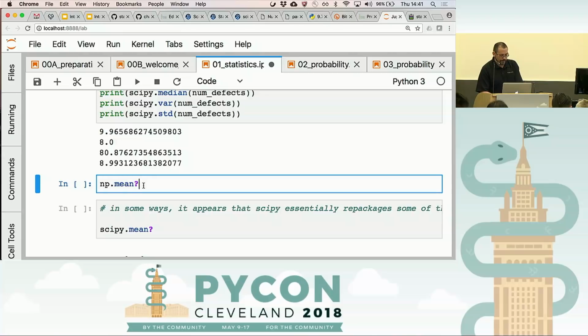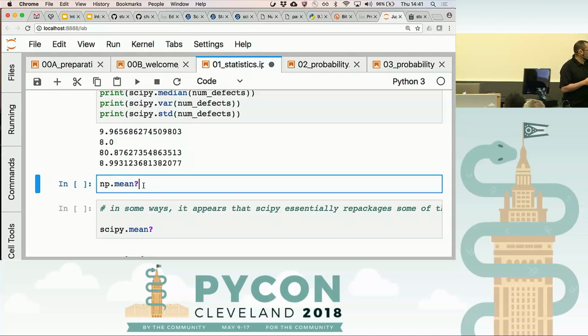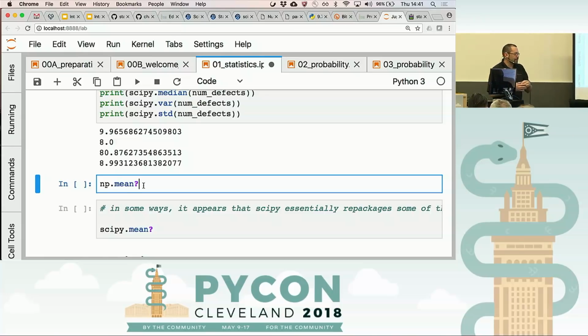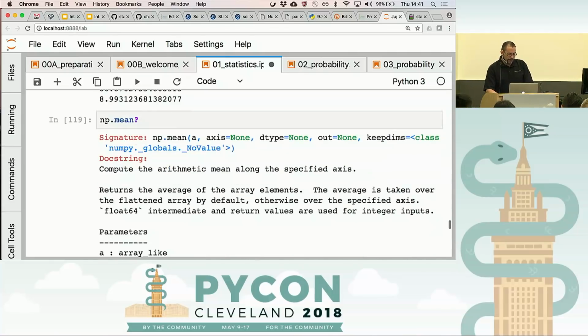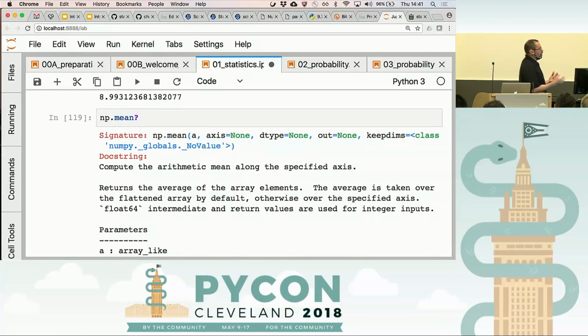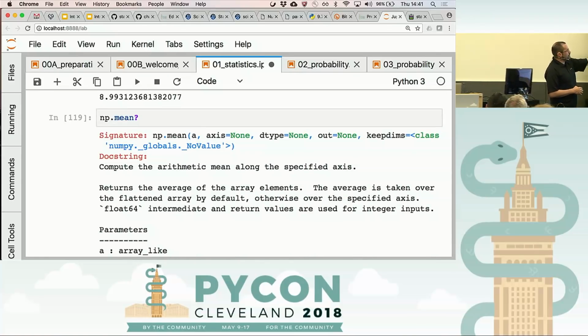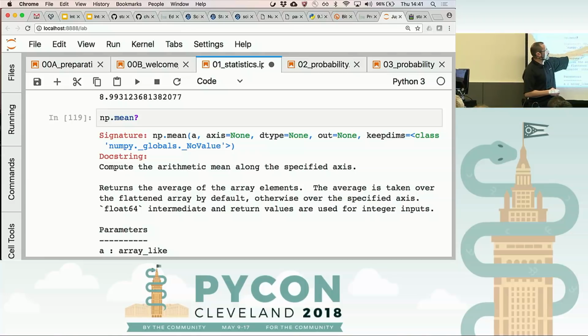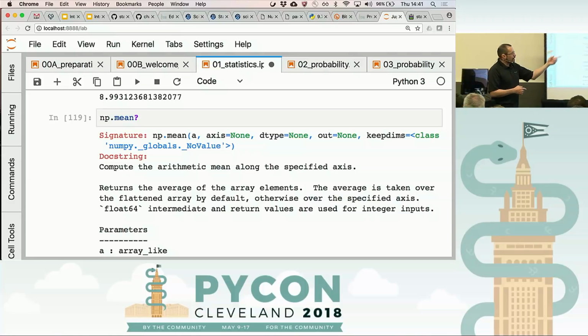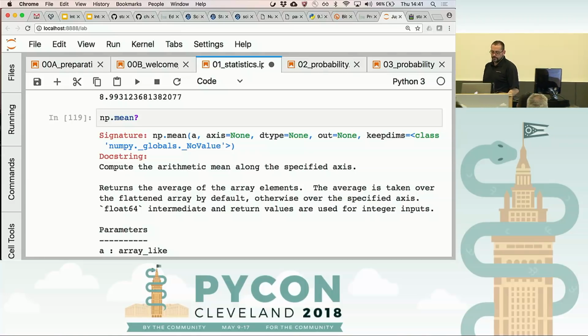So if I say, I like this NumPy mean method, but I'm not sure how it works and I'd like to know more about it, you can put a question mark in there, and it'll give you the help file for it. Look at that. Now we have access to all of the arguments I can give it. I give it my array, and if I want, I can have it change its behavior.